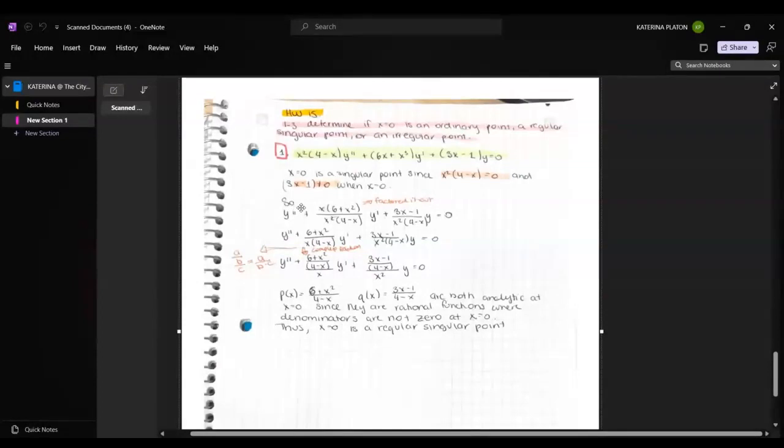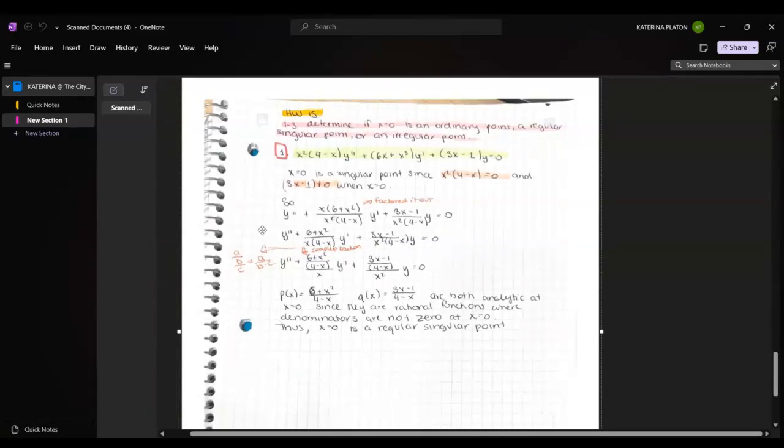And what I did is I divided by a of x, which would be x squared times in parentheses 4 minus x. And I also factored out the x from the 6x plus x to the third power, so I could simplify it a little easier, and then I simplified it by x.